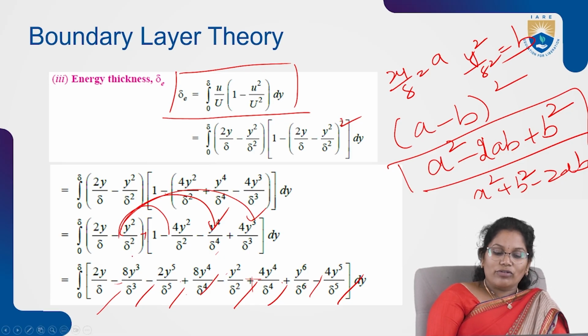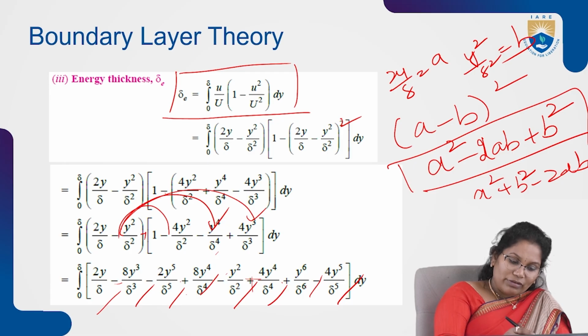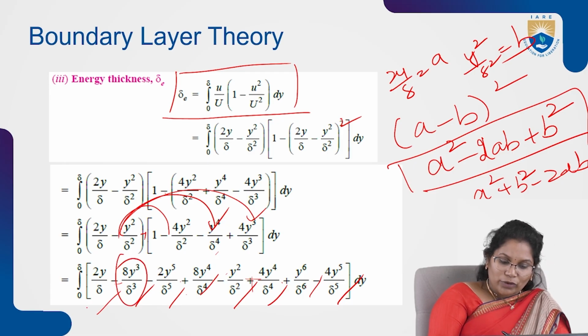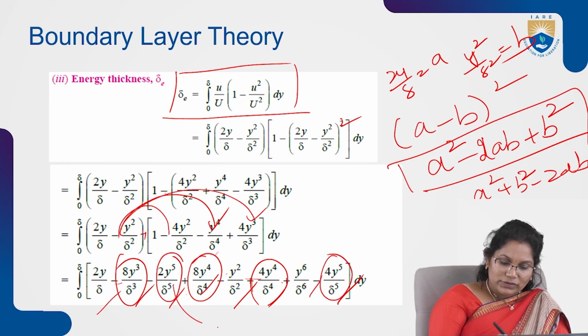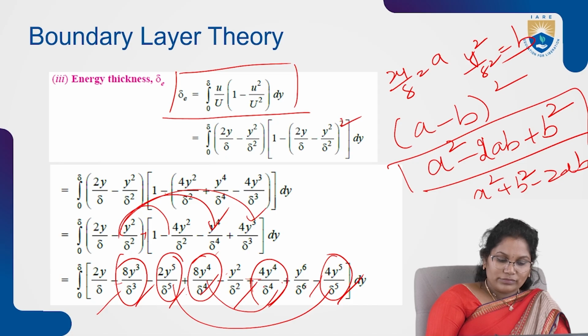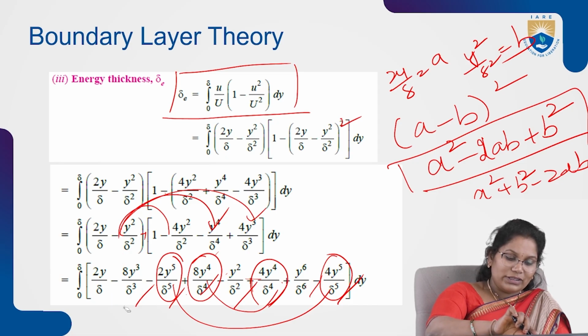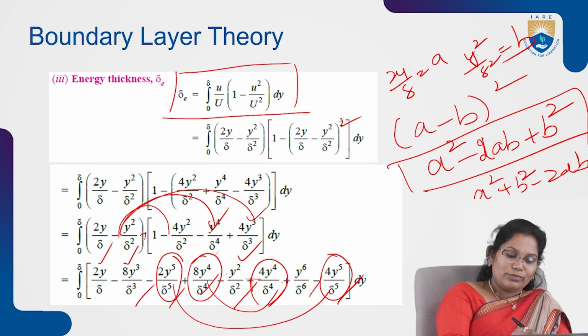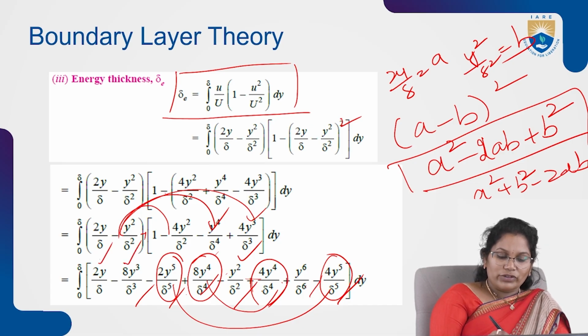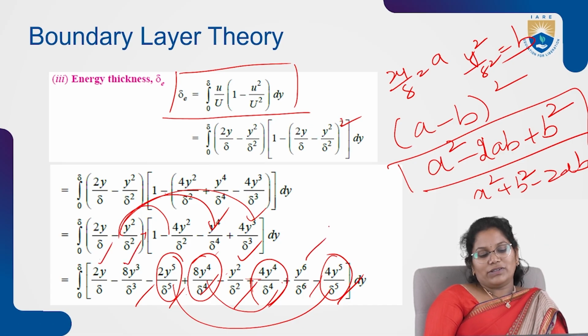So again in this we have to take out common powers. Power 3 is only 1, power 4 is twice, power 5 is twice, and power 6 is 1.